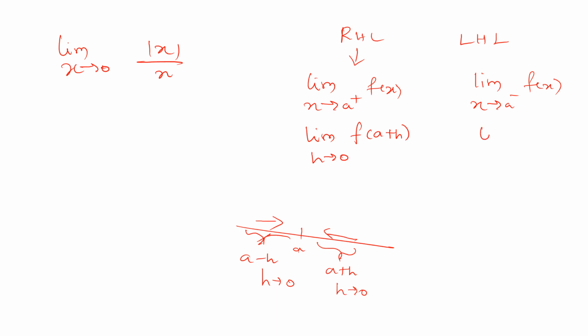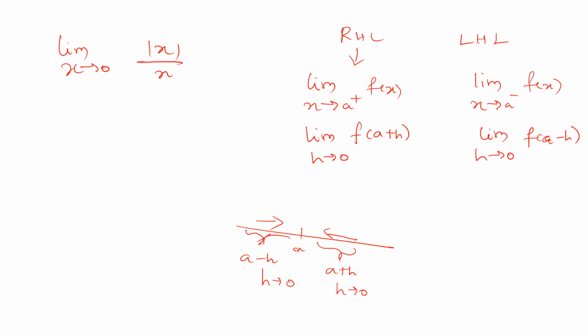Similarly, limit h tends to 0 of f of A minus h, because for the left limit we are approaching the points on the left side of A. Here we approach from the right side, therefore it is A plus h, and we slowly move A plus h to A, therefore h goes to 0.